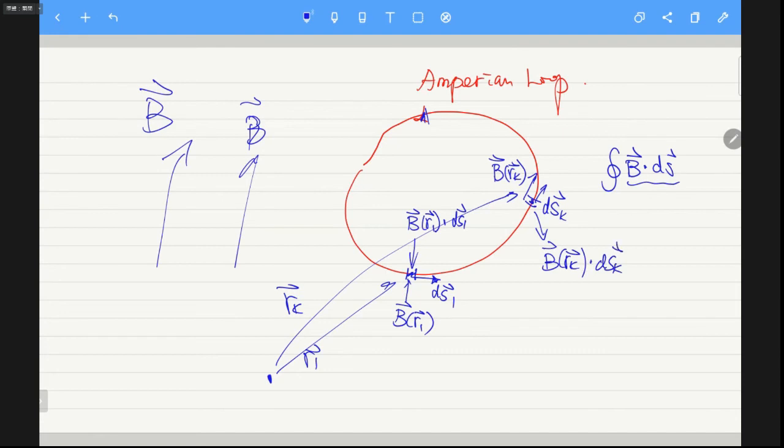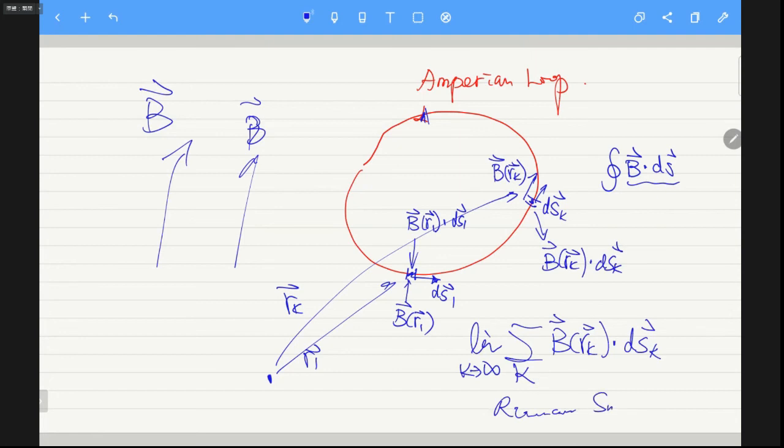And then we just add all of these B dot ds together. So this is like the Riemann sum. This is the line integral.